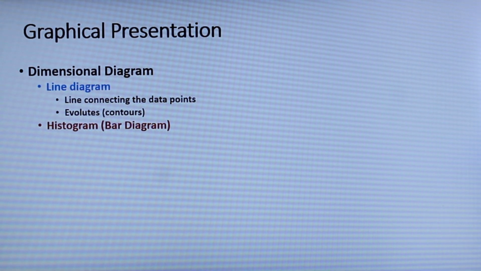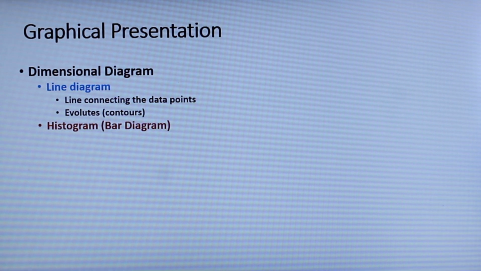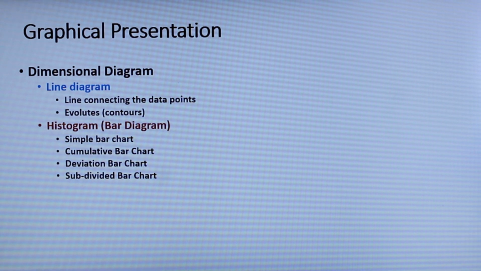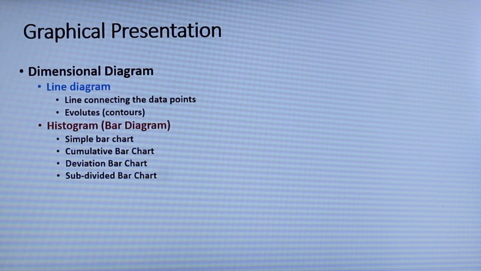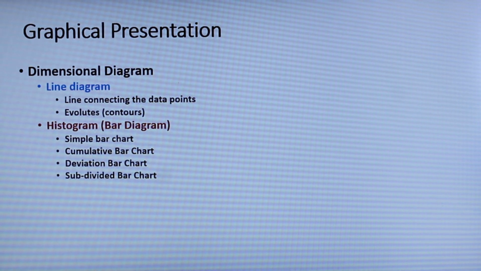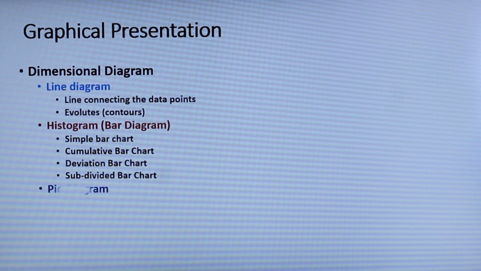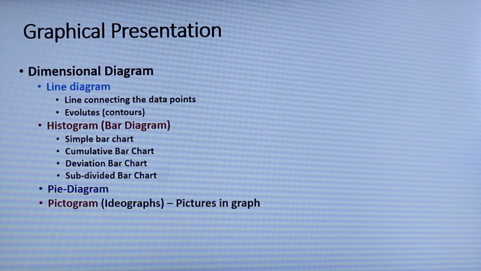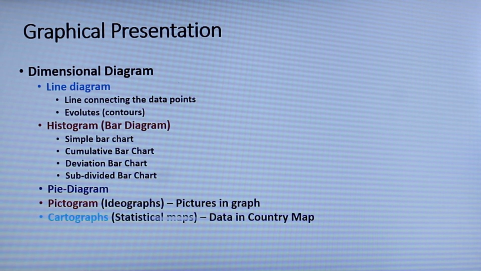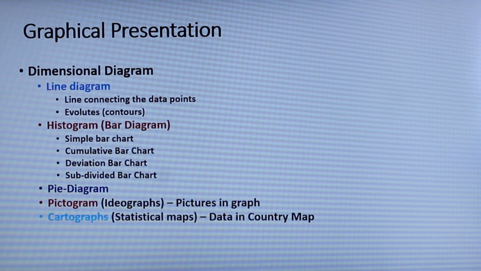In fact, bar charts are extensively used across several statistical data. Simple bar charts, cumulative bar charts, deviation bar charts, and subdivided bar charts are there. We will see by way of example what the purposes are. And you have a pie diagram, pictograph, and cartograph. So these are the different forms by which the data can be presented graphically.